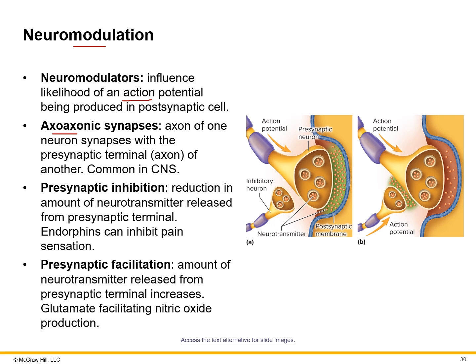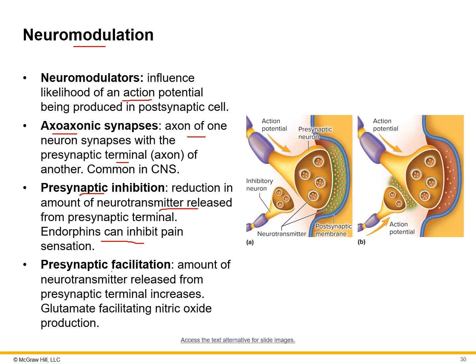Those are the ones where the axon of one neuron synapses with the presynaptic terminal of another. So these happen a lot in our central nervous system. We have presynaptic inhibition. So this is a reduction of the neurotransmitter released. So for example, endorphins can inhibit pain sensation. So endorphins are released, they're going to modulate, they're going to make it harder for that action potential to occur.